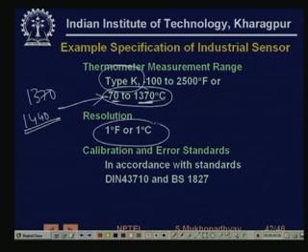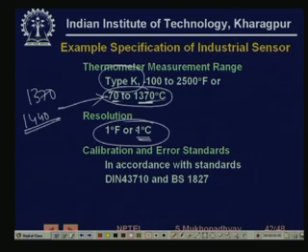The resolution is 1 degree F or 1 degree C, depending on whichever scale you use, because the resolution of the basic sensor is the same, while depending on the scale that you choose, you can have different kinds of electronics. So, the resolution also varies.